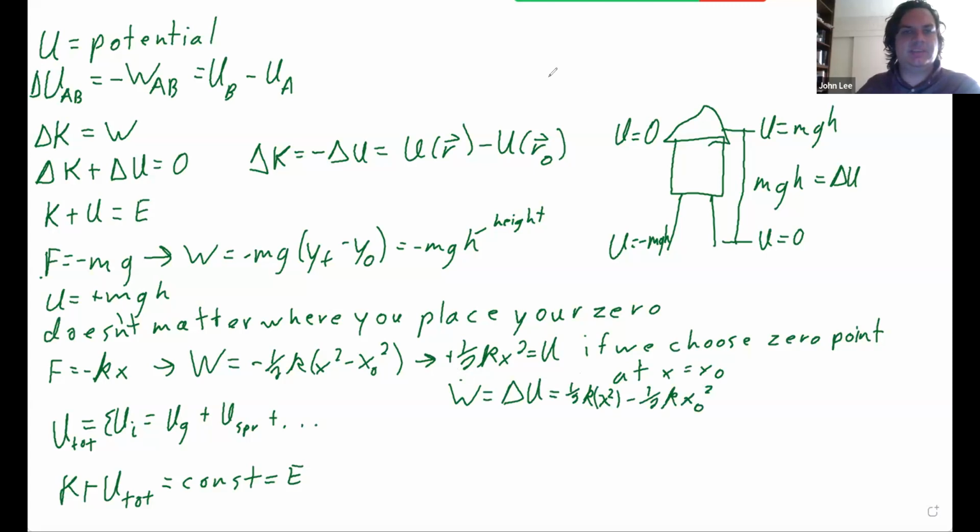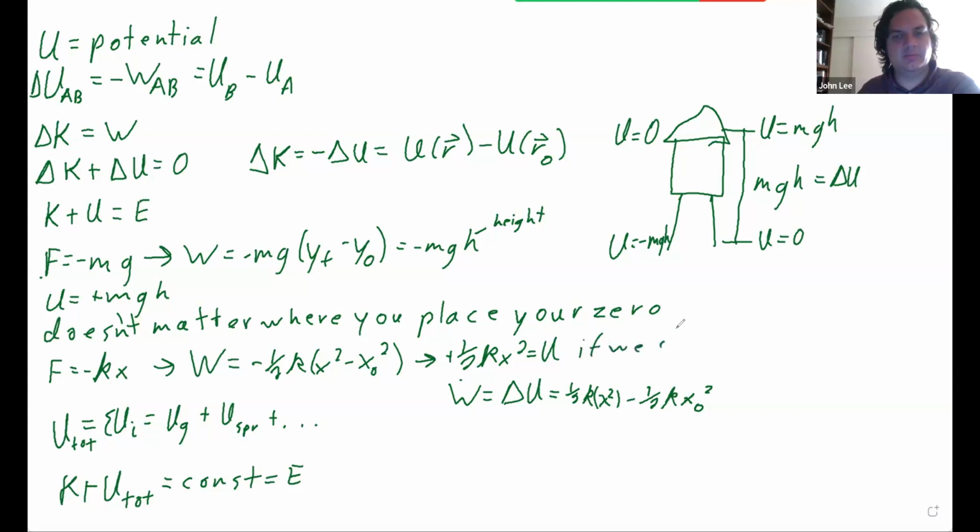So this is actually wrong. It is unnecessary to choose the 0 point at x naught. So we choose the 0 point at x equals 0.